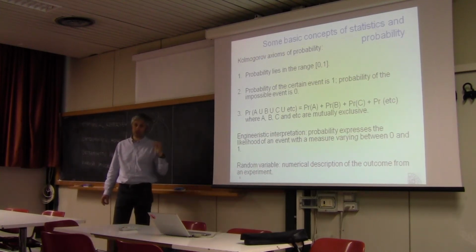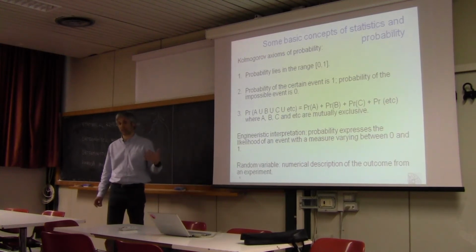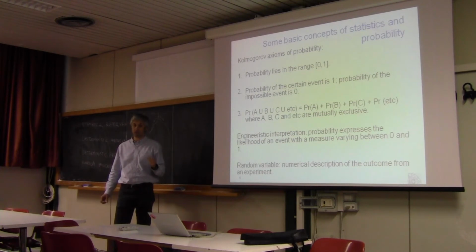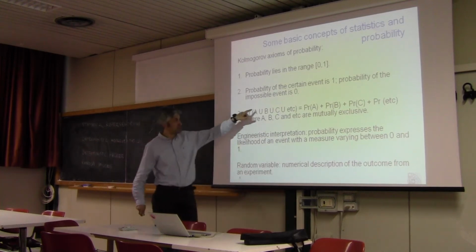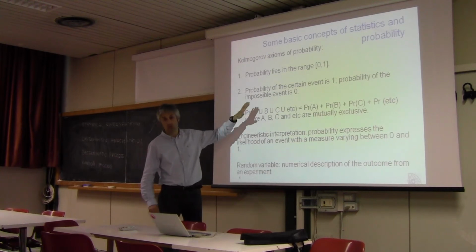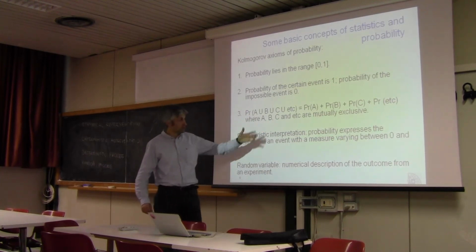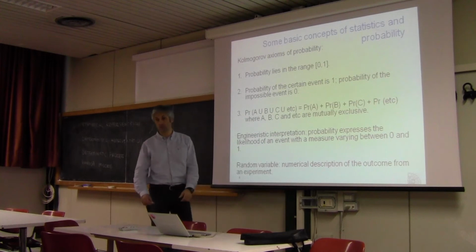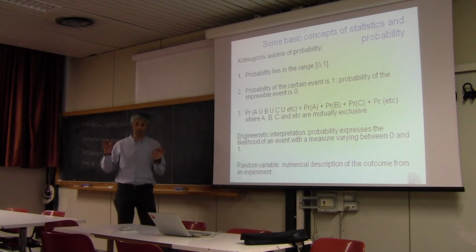If you have 50% probability of getting a head and 50% probability of getting the cross, the probability of getting either head or cross is 50 plus 50, 100%, which means the probability of getting one or the other. So this symbology here means that the probability of getting A or B or C is equal to the sum of the individual probabilities. This is the additive property.